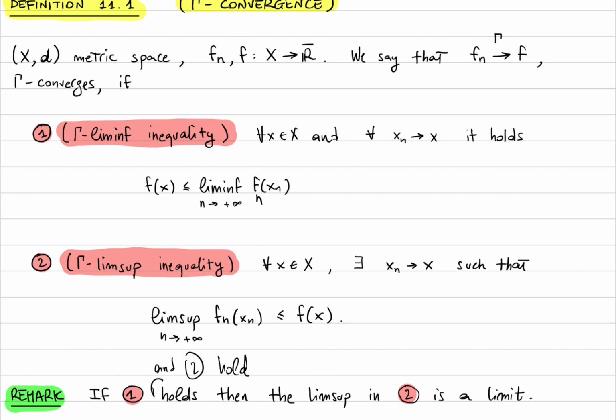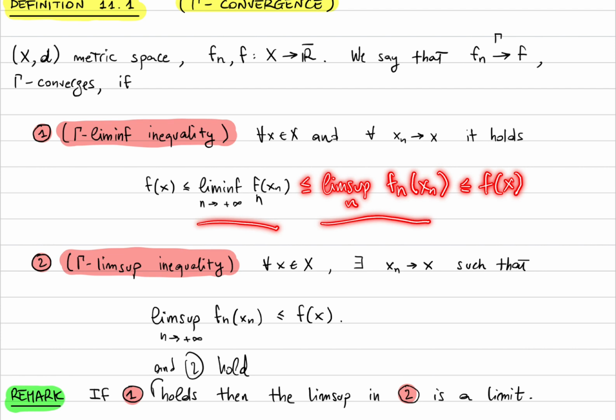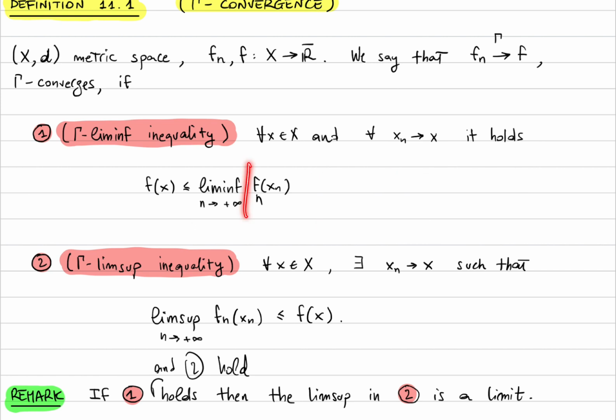This is because of the usual reason. Assume that both hold. Then f of x is obviously less or equal than the lim-inf as n goes to infinity of f_n of x_n, which is less or equal than the lim-sup, and this is less or equal than f of x by the lim-sup inequality. So here you show that lim-inf is equal to lim-sup, which is equal to f of x, meaning that the sequence has a limit, and the limit is just f of x.